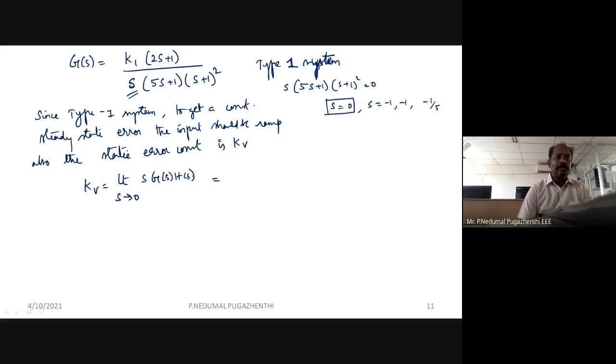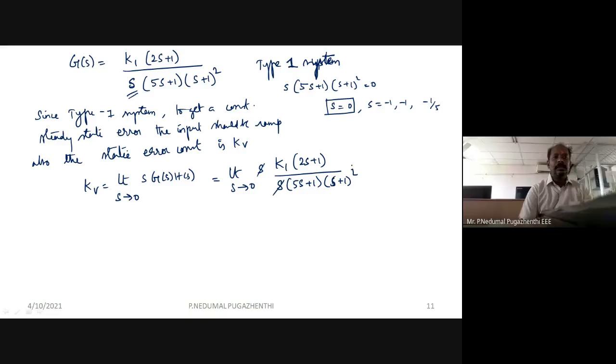You know what G(s) and H(s) are, so you can substitute in the limit as s tends to 0. Instead of G(s), substitute the transfer function K1 into (2s plus 1) divided by s into (5s plus 1) into (s plus 1) the whole squared.